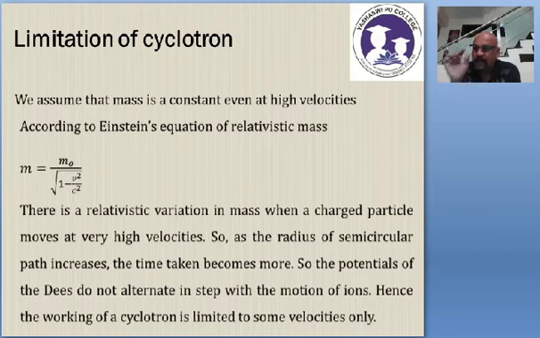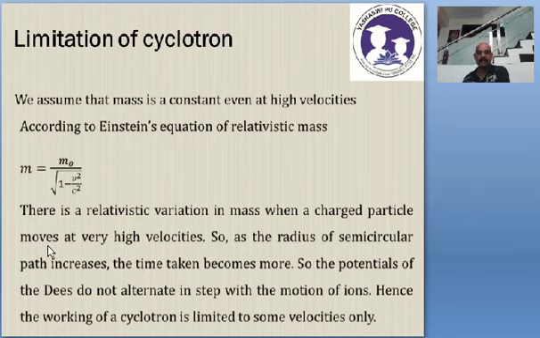If you imagine a subatomic particle like an electron or proton, those particles will not have constant mass, because their mass depends on velocity. Please listen, mass depends on velocity. So m naught is the mass of the body when it is at rest, and m is the mass of the body when it is moving at a velocity v. So this is relativistic variation in mass.